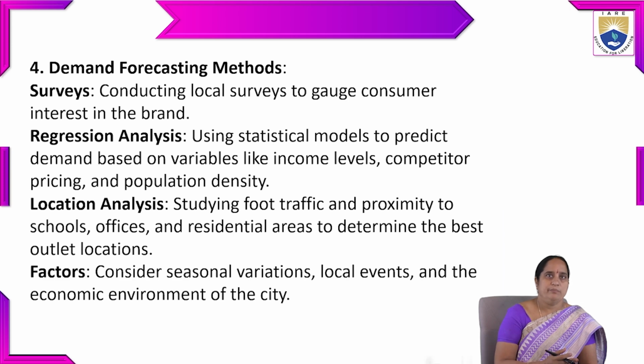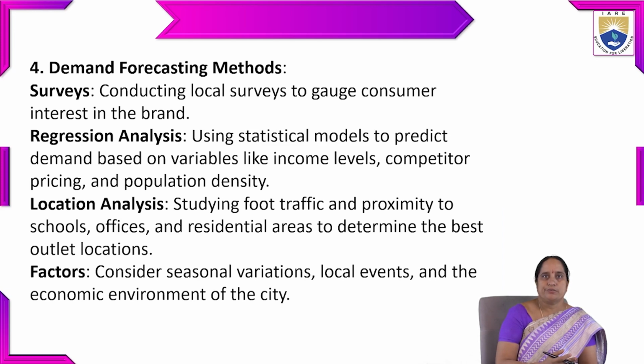Then coming to demand forecasting methods. In this case also one should use the survey method, conducting local surveys to gauge consumer interest in the brand, and use of regression analysis. So using statistical models to predict demand based on variables like income levels, competitors' pricing, and population density.